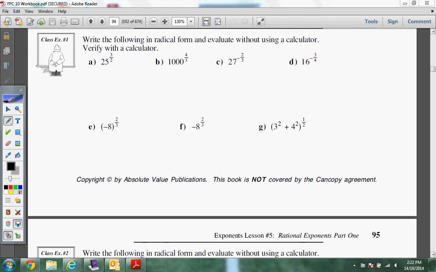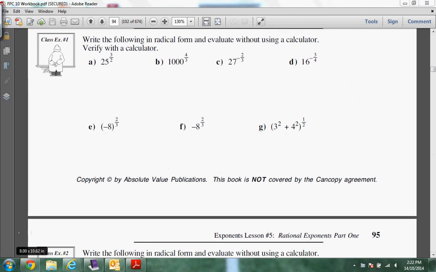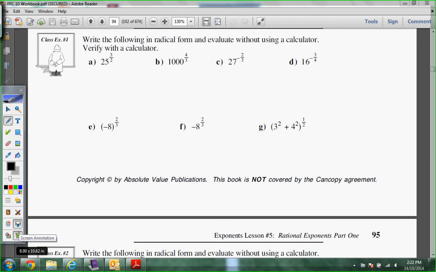All right, example 1. Write the following in radical form and evaluate without using a calculator. Let's start with Tatum here. Tatum, tell me how to write this in radical form. Okay, good.